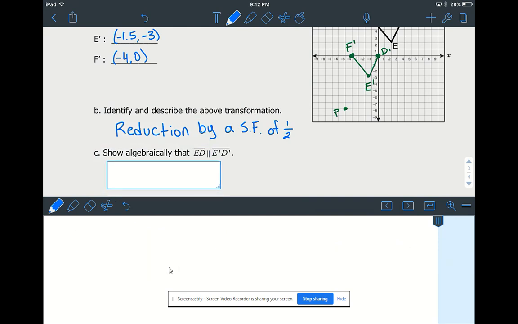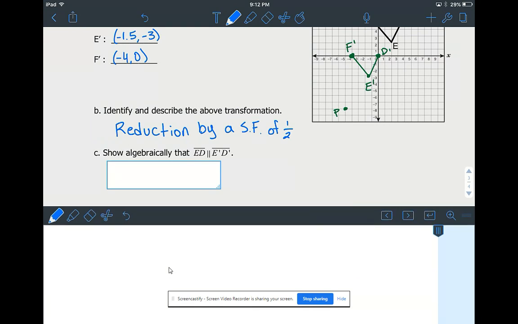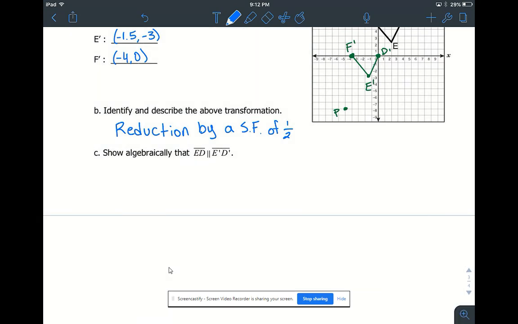All right, part C. Show algebraically that ED is parallel to E prime D prime. So how do we figure out 2 segments are parallel? Hopefully in your head, back from your algebra skills, you're saying parallel means same slope. We've done that in, I think it was quadrilateral unit 4 maybe.